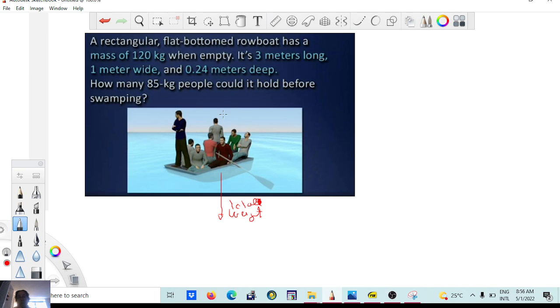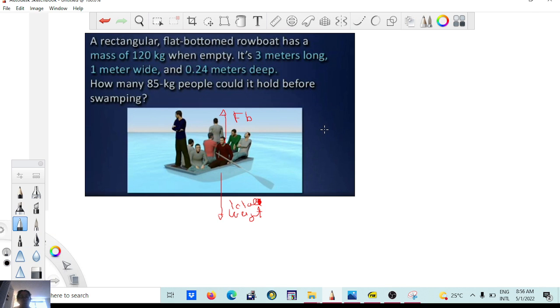Then if it's floating, it will be in equilibrium with the buoyant force, right? You have different ways to do it, so try to do it.